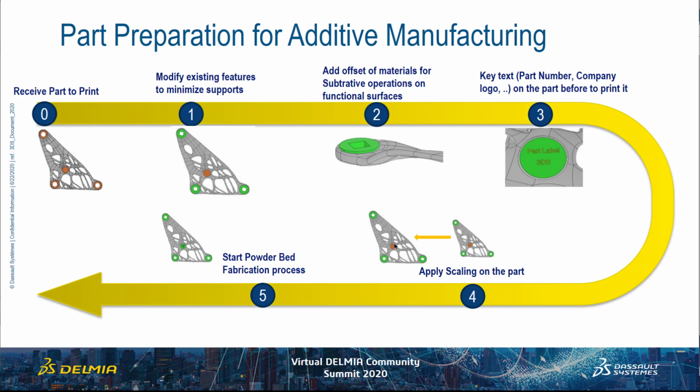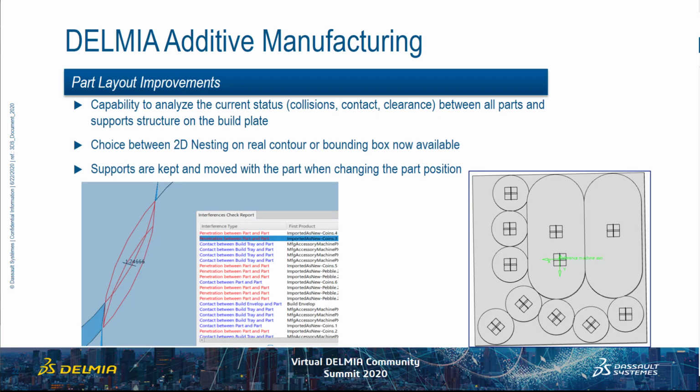He might want to scale it. All this is part of preparing the engineering part for printing, before sending it to the powder bed fabrication process. This is a very key step before you start preparing to scan the part or slice the part and so on. Some of these capabilities are coming in from 19X, so it's worth mentioning.